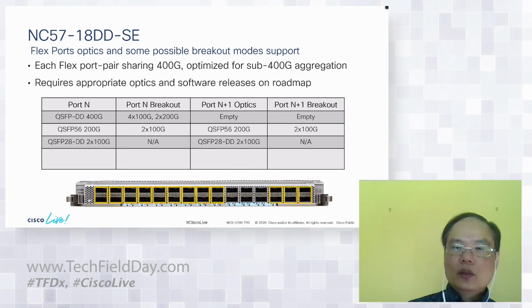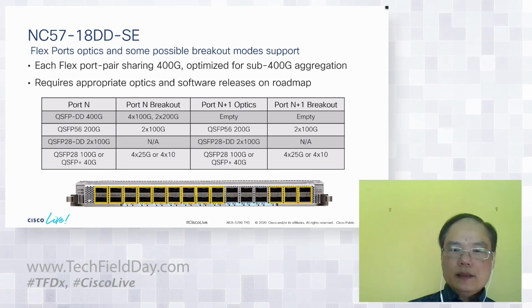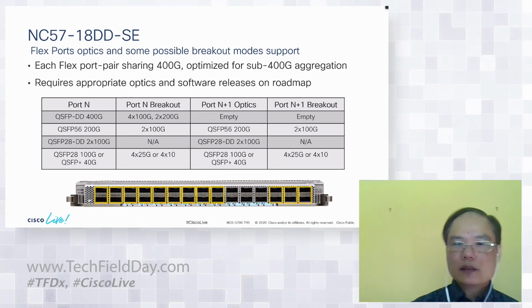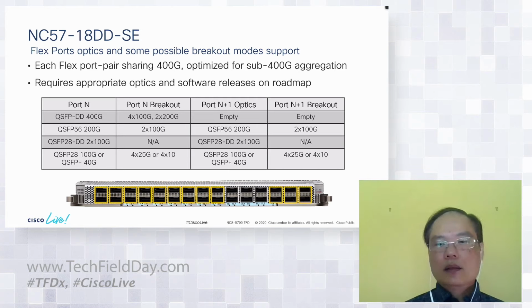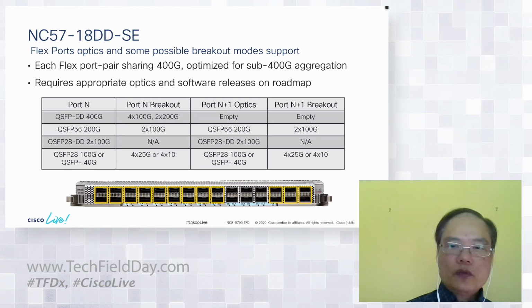Therefore, in total, we support a maximum of 400 gig optics, which is the older generation 4x25 gig NRZ optics, and it's very useful for current deployment. We have a lot of old generation type optics. If you have a lot of breakout, port N can be using QSFP28 100 gig optics or QSFP+ 40 gig optics, each capable of breakout into 4x25 or 4x10.